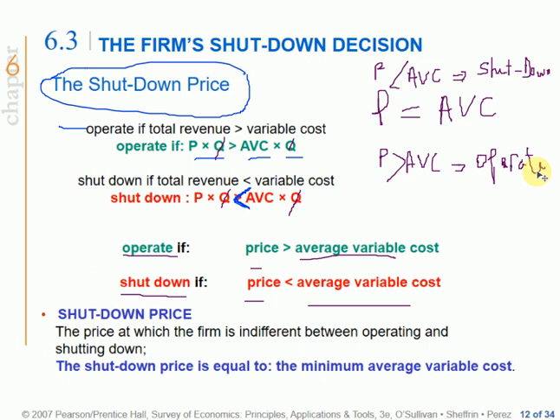So the revenue will not be enough to pay at least the salaries of employees, of workers. So this is the principle. If your revenues are not enough to pay at least your variable cost, then shut down.